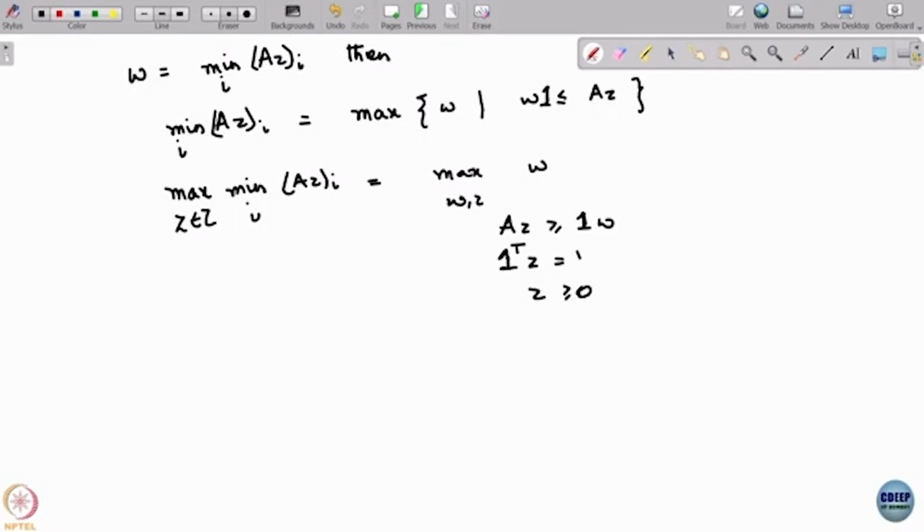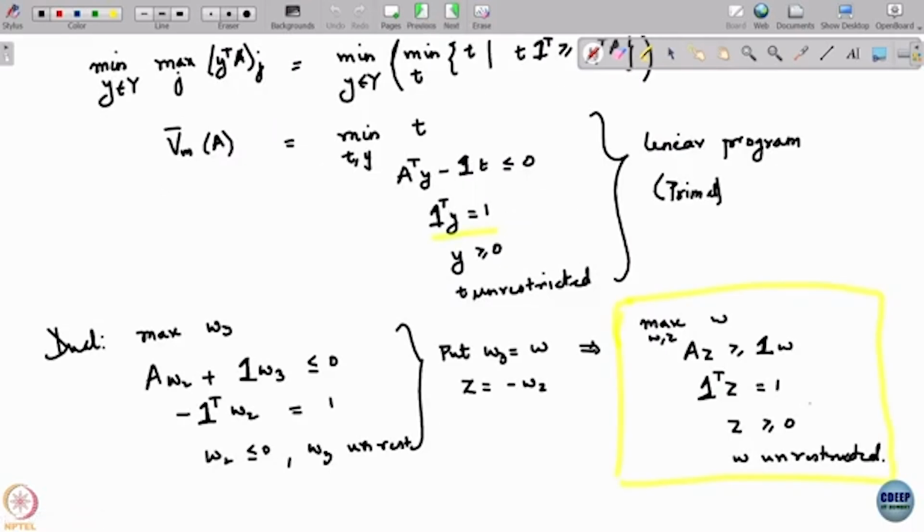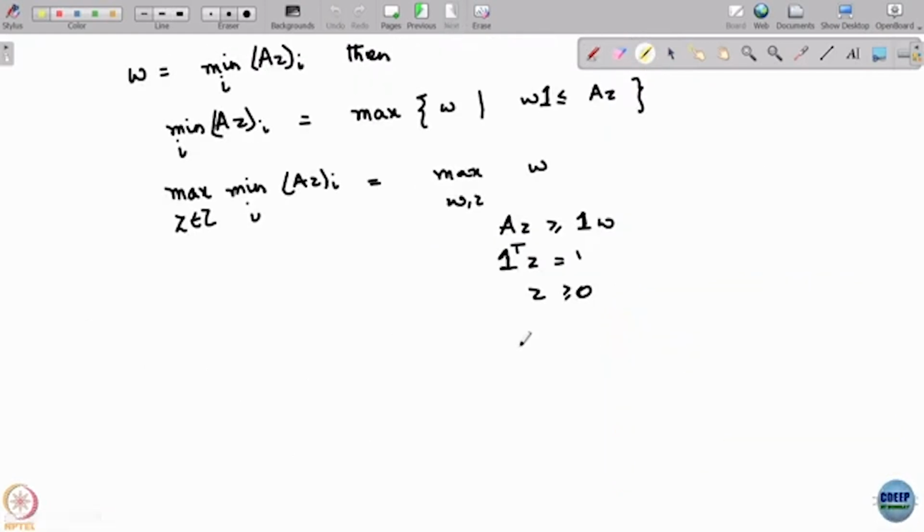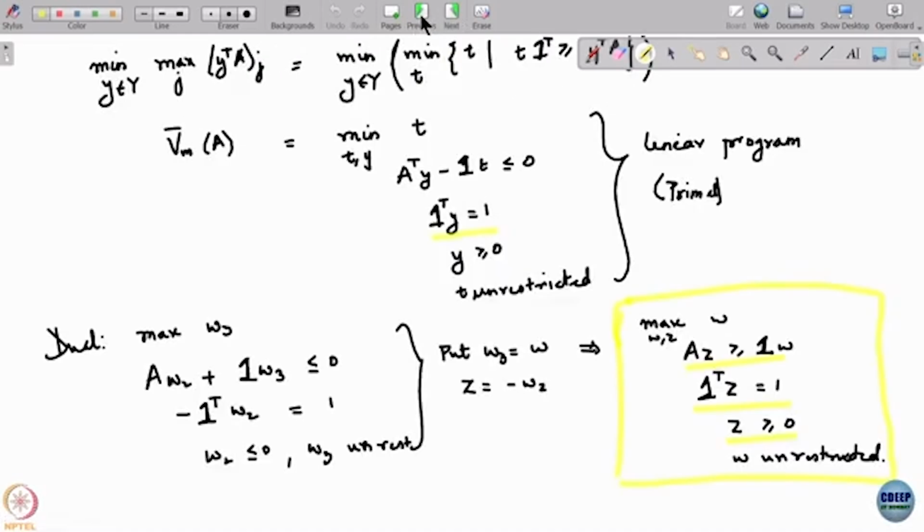And this problem is exactly the problem that we got here. Okay. So, in other words, what have we concluded? That this problem is in fact equal to V_M lower bar.